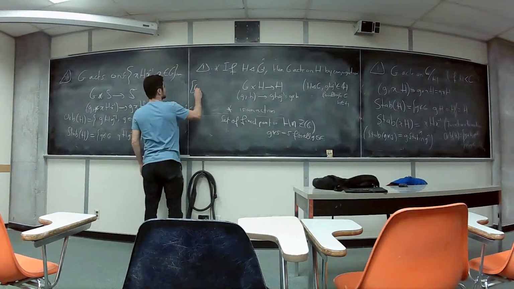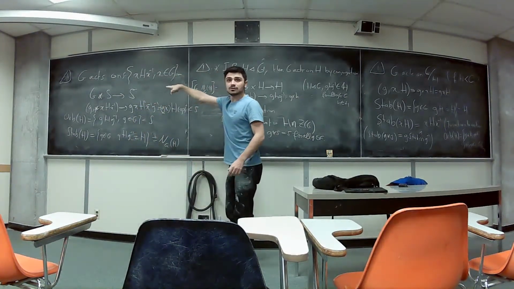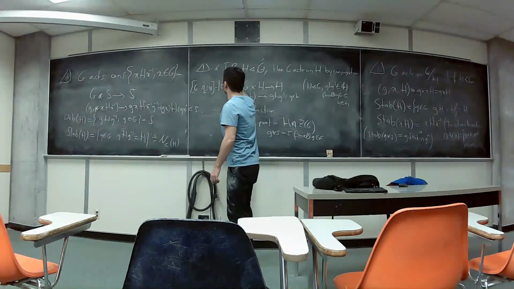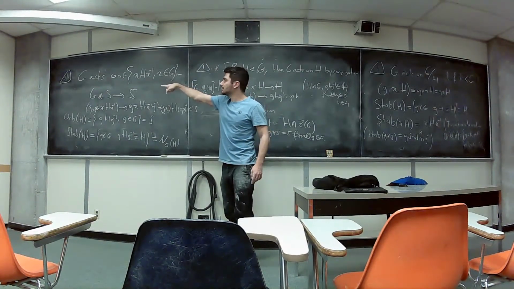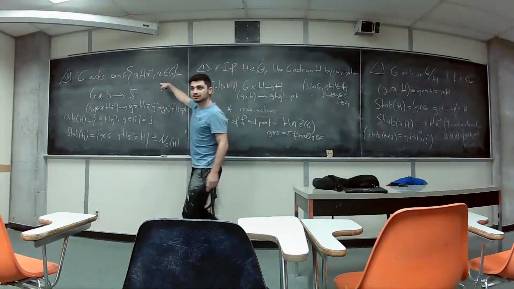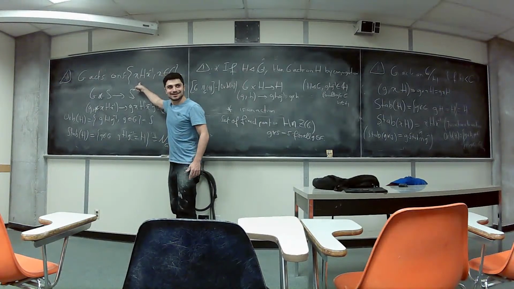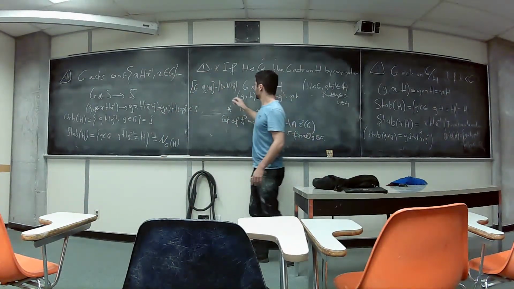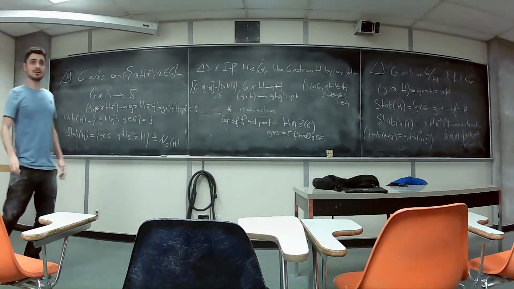What is the index of the normalizer of H in G? It is equal to the size of the orbit of H. If H has 5 conjugates, this set has 5 elements, right? What is the index of the normalizer? 5, right? And we use this in the proof of Sylow's third theorem. You remember?